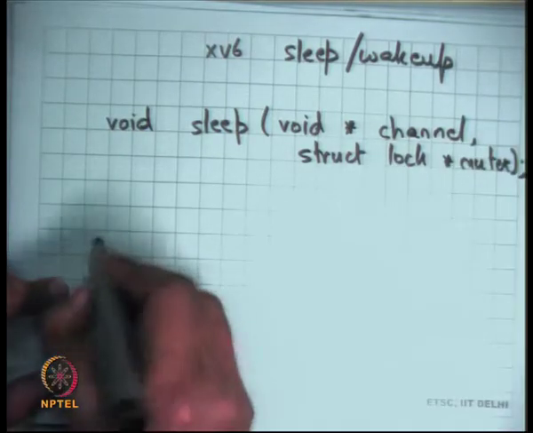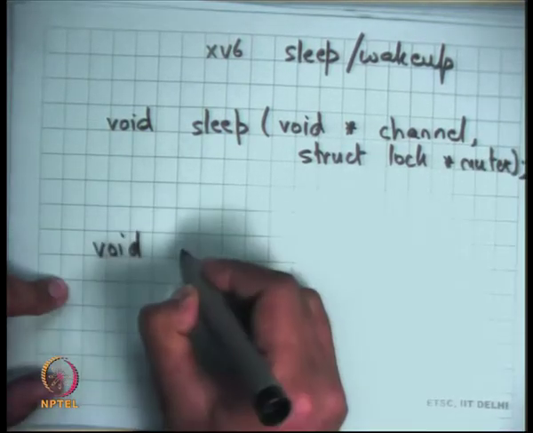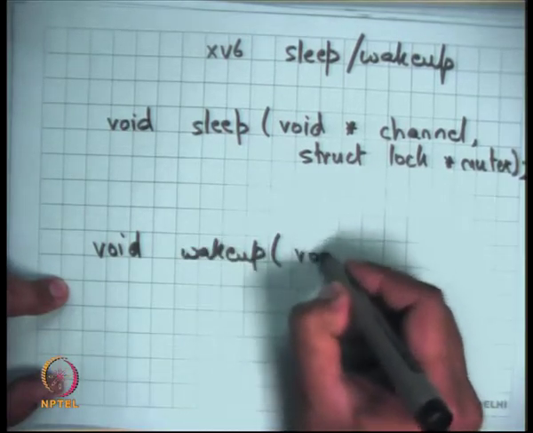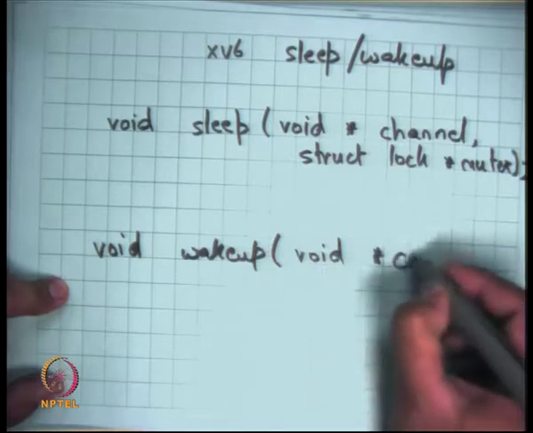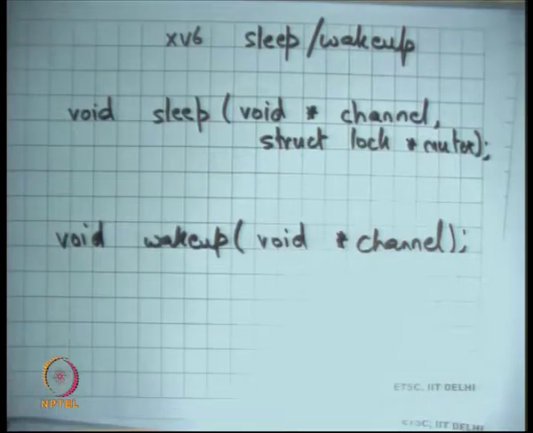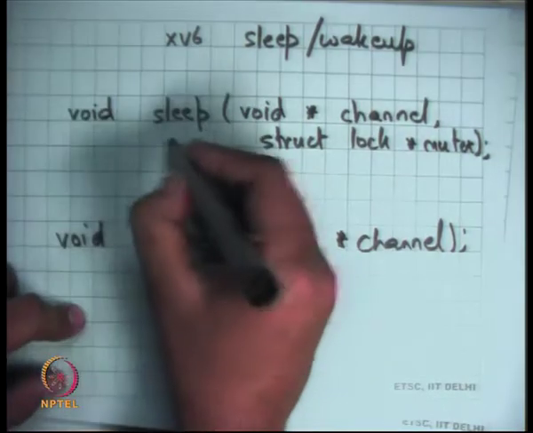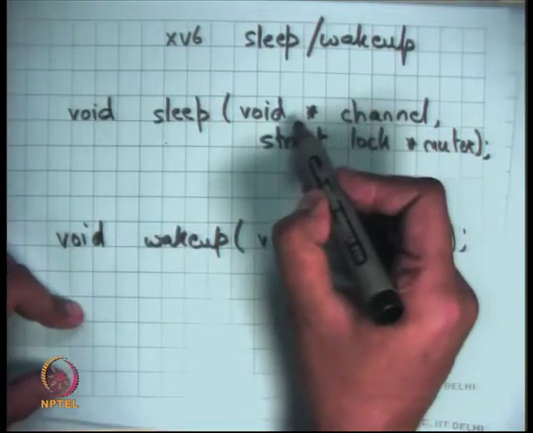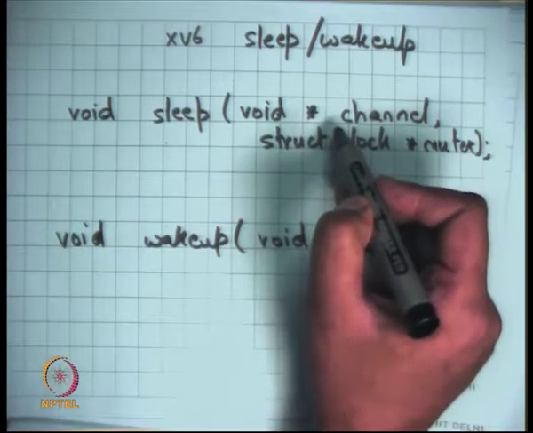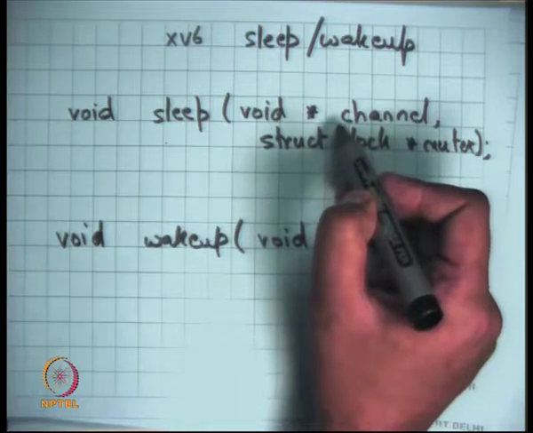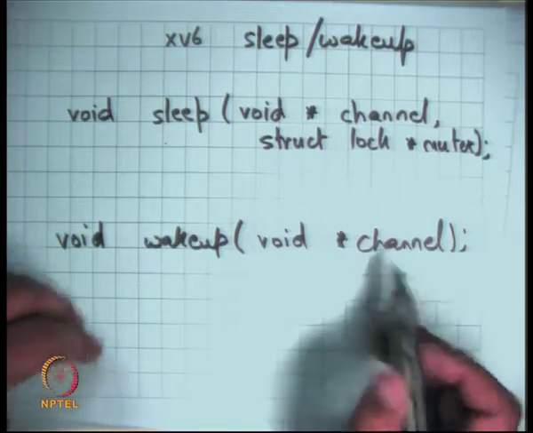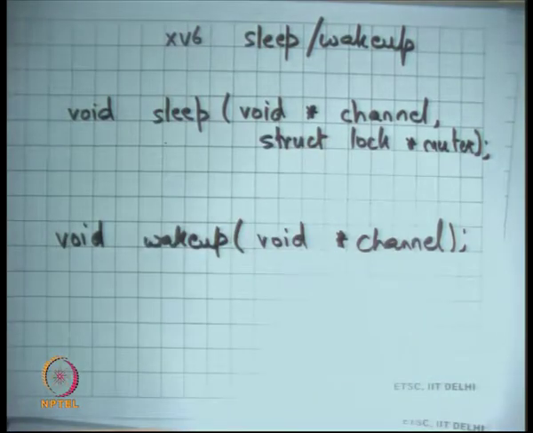And then there's wake up, and wake up just takes void star channel. This is very similar to wait, except that instead of a condition variable, I am using this pointer called void star channel. Instead of saying struct CV star CV, I am saying void star channel, and similarly here. Apart from that, the semantics are exactly identical.